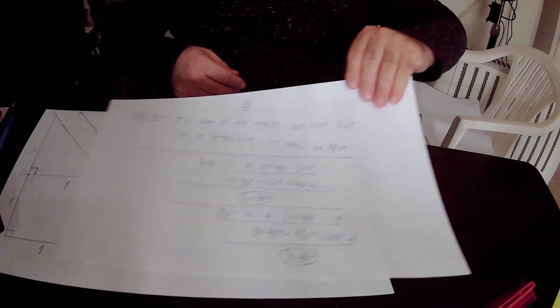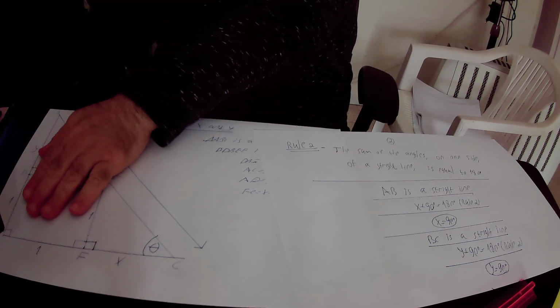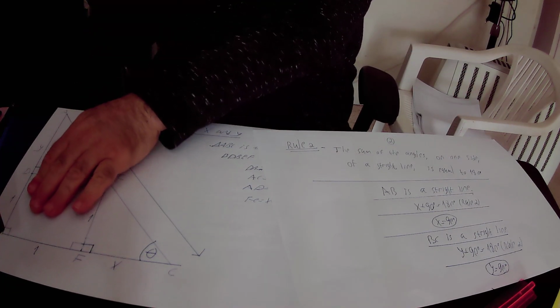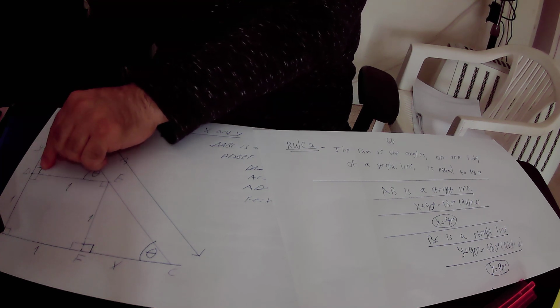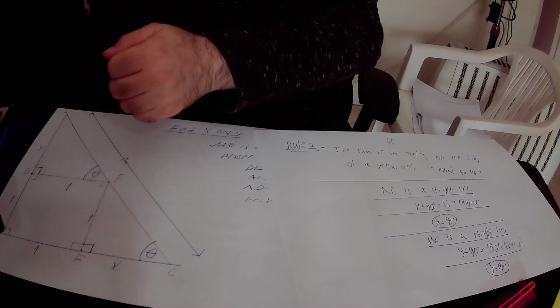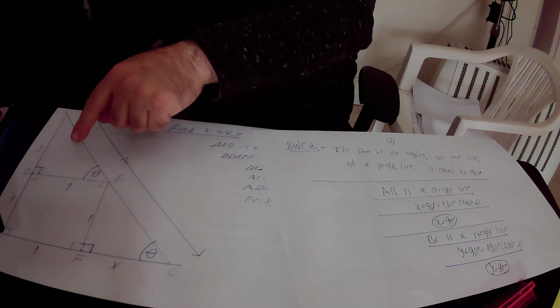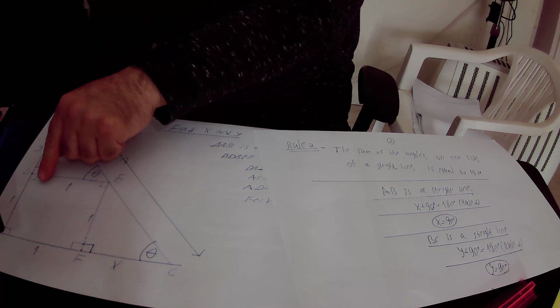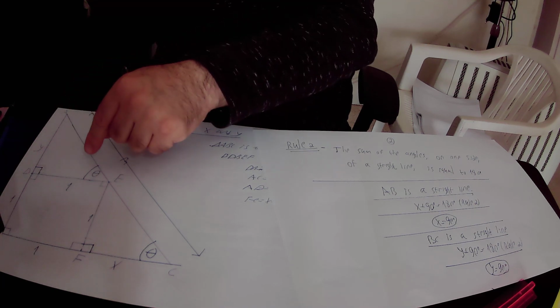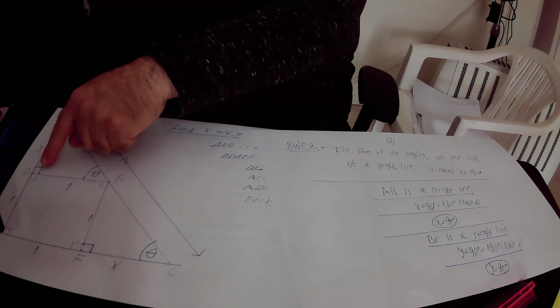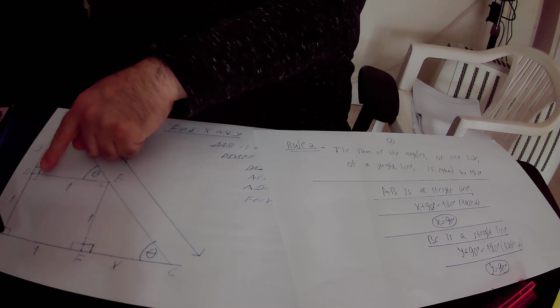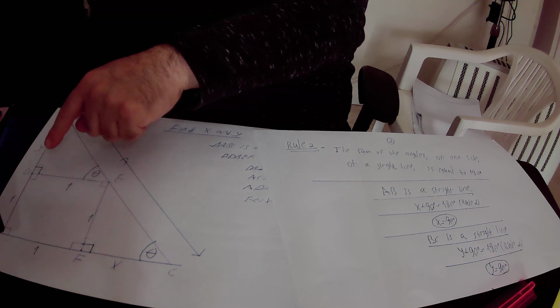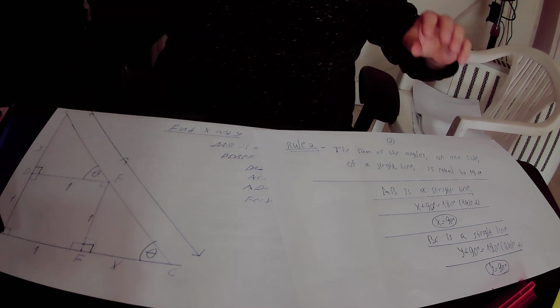If we focus on this side of the straight line AB at point D, then according to rule number 2, the sum of the angles at point D on this side of the straight line AB must be equal to 180 degrees. So angle X plus this angle that is equal to 90 degrees must be equal to 180 degrees.